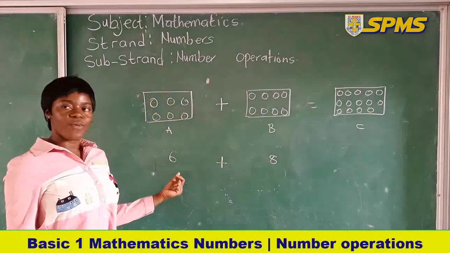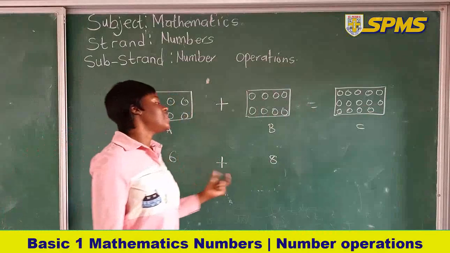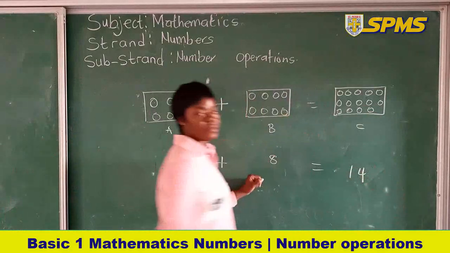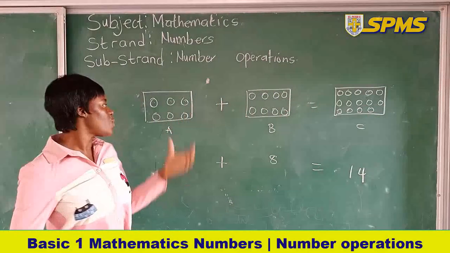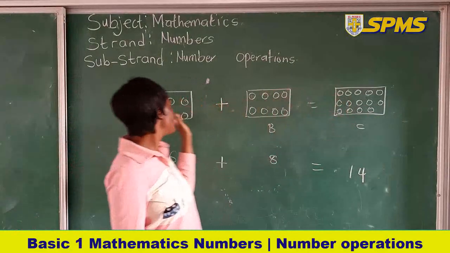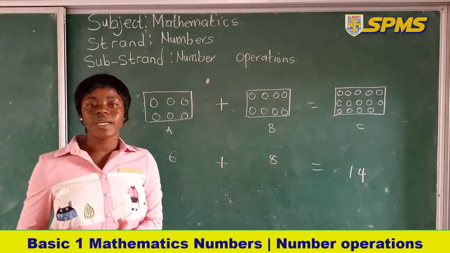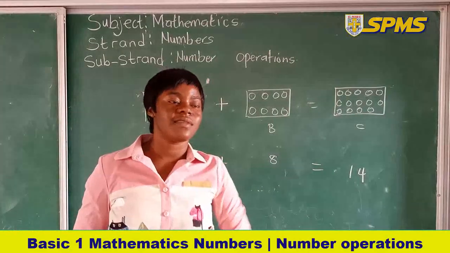So 6 plus 8 will give us 14. Very good. As you are writing it, you will be looking at it. When you write it, you can even cross it out in order to get the correct answer.